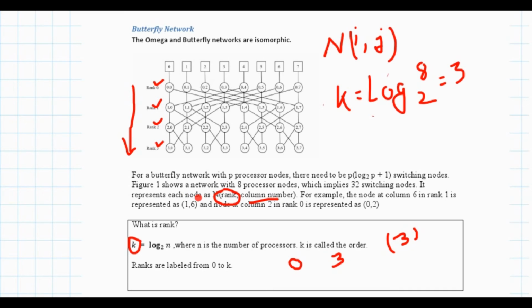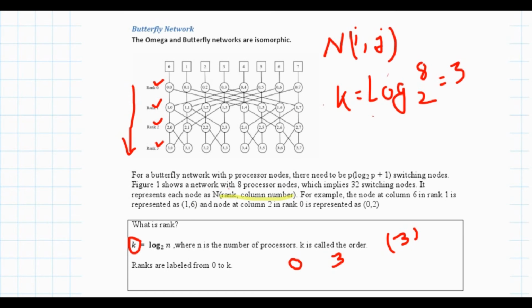Each node in your switching structure can be accessed as n, where n stands for node, rank and column number. For example, now try to understand this with the example. The node at column 6 and rank 1, so here is your rank 1 and here is your column 6, is represented as n 1, 6.